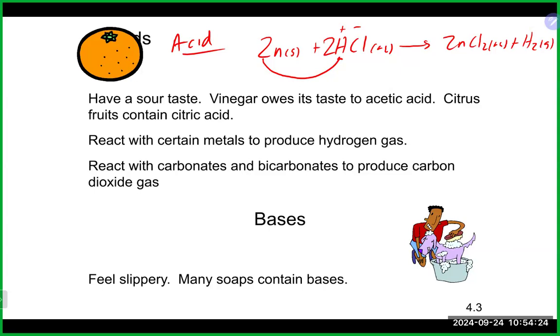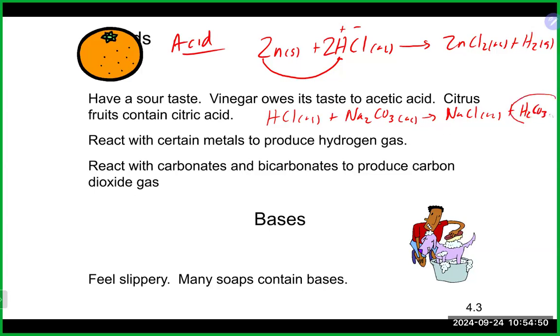They also react with carbonates and bicarbonates to produce carbon dioxide gas. You know, if you took something like this, then a little bit of, say, sodium carbonate or bicarbonate will make a little bit of NaCl plus carbonic acid, H2CO3.